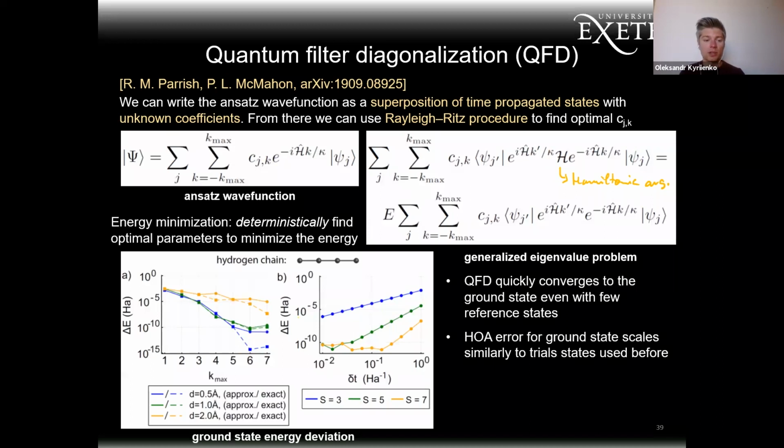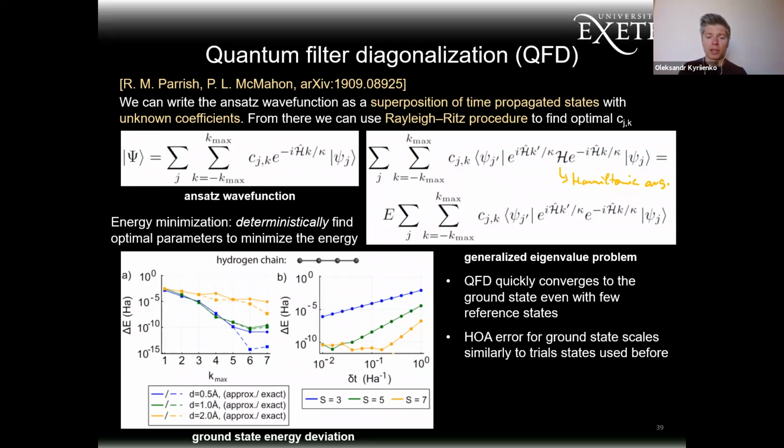So that's what we did, and we see the energy for different system sizes, here an 8-qubit hydrogen chain. We could reach chemical precision very quickly with just a few iterations of quantum filter diagonalization, and the energy precision which we get from approximation is not impacting it much. So we could see it's nearly the same as ideal operation.